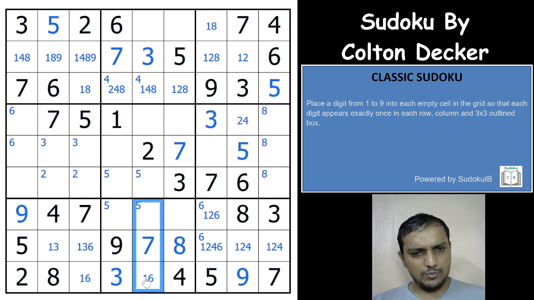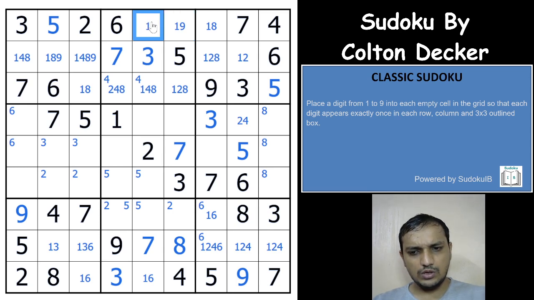Okay, so 2 cannot be here. These two cells would have to be pointing of 2. So this cell cannot be a 2. 1 and 9, 1, 8 and 9.